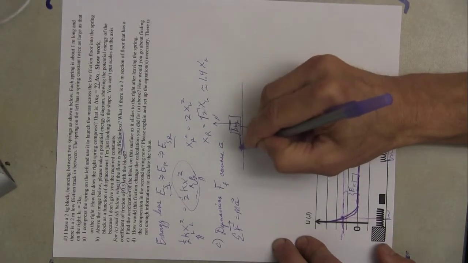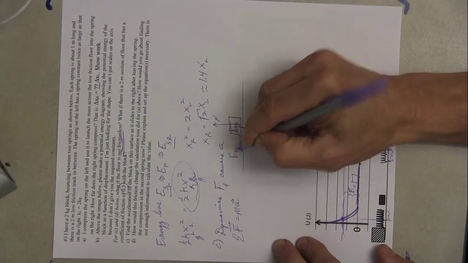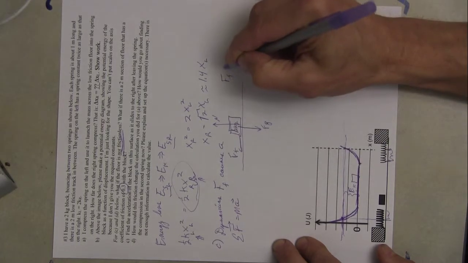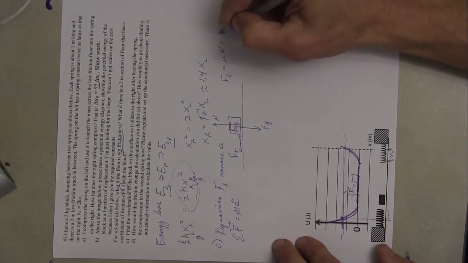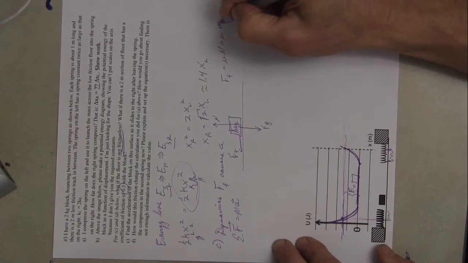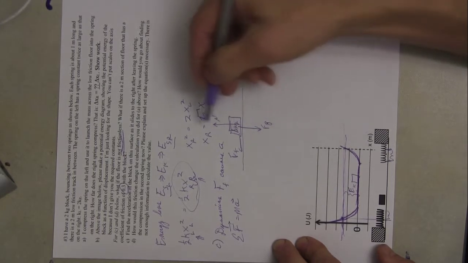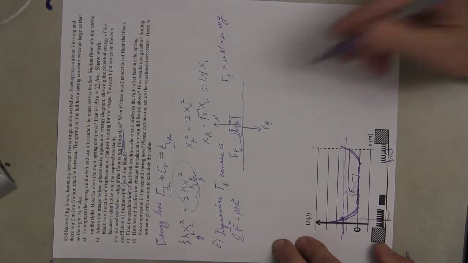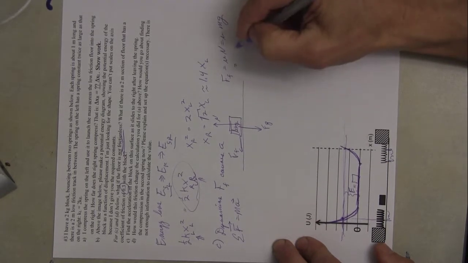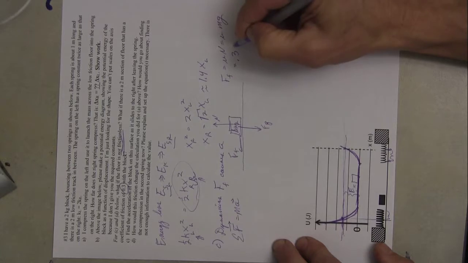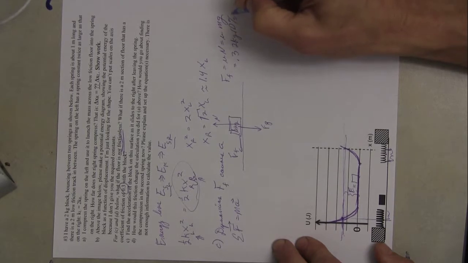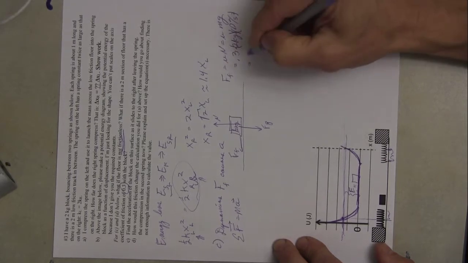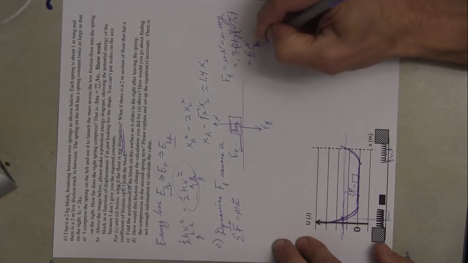But there's a frictional force, and I know that the force of friction is equal to mu times N, which in this situation is equal to mu times mg because we're in equilibrium in the y direction. If I want, I can put that in to say that this is 0.3 times 2 kilograms times 10 meters per second squared, which is 6 newtons.